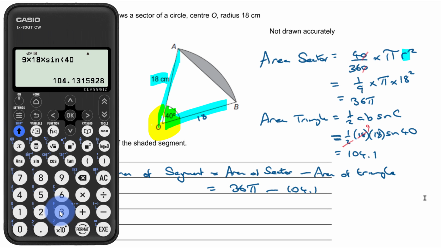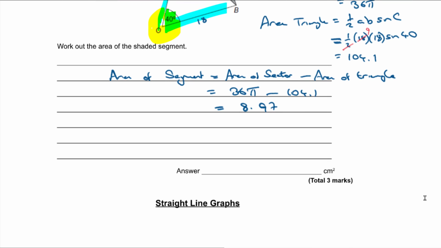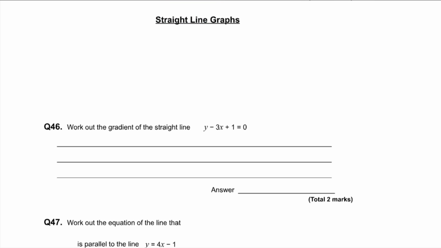If you round it off, you always move away from the true answer. So I'm going to do 36 pi minus answer, and that comes out to be 8.965. I'm going to round up to 8.97, and that's going to be my final answer: 8.97 square centimeters.